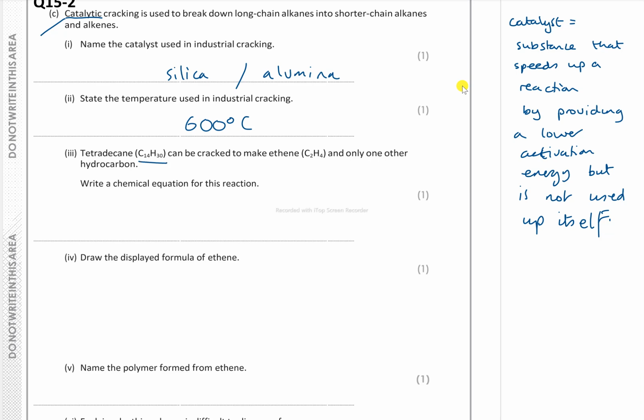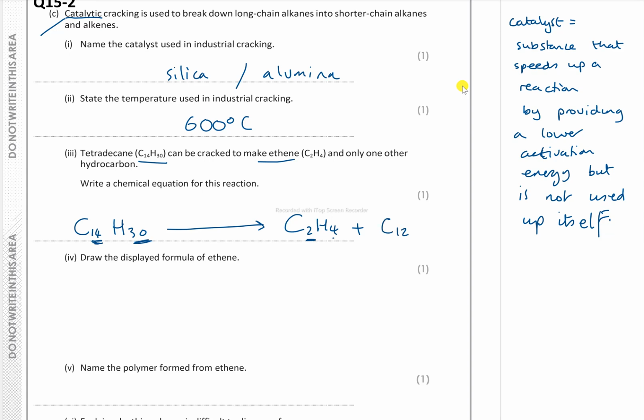Tetradecane can be cracked to make ethene. Right, so look, this is a balancing question. That can be broken up into C2H4. Right, we had 14. We've used 2, so we're left with 12.